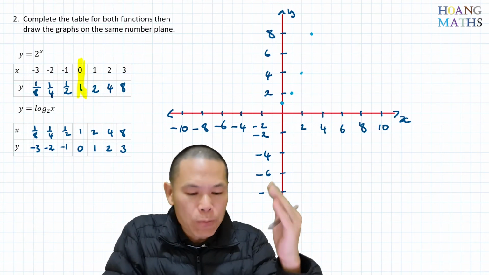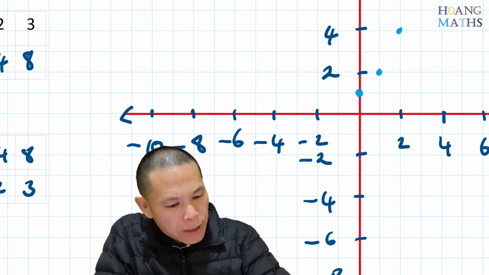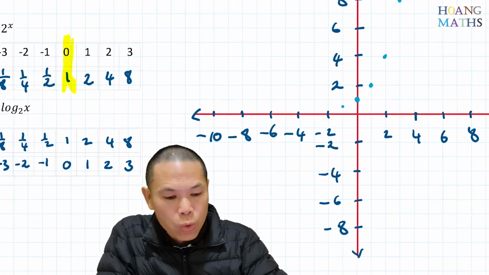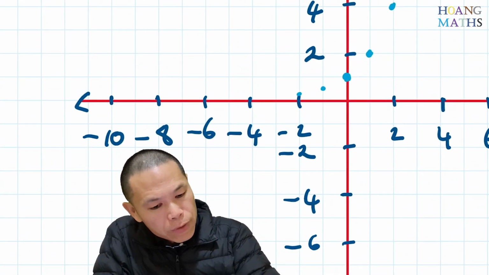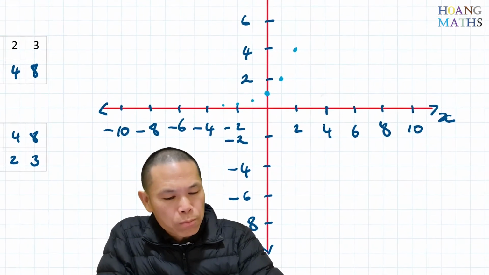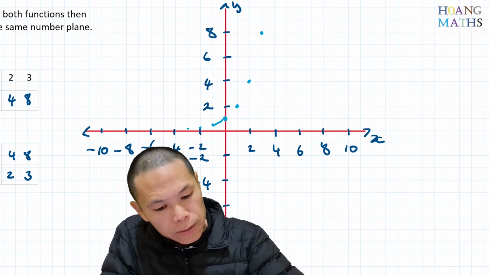And when x is negative 1, we get a half. Okay, just make it a bit bigger. So negative 1 is a half. And if x is negative 2, it gives you a quarter. So you should keep halving it. So like this, and then half of this. And that would do. And then I just join them up. So let's just start from here.